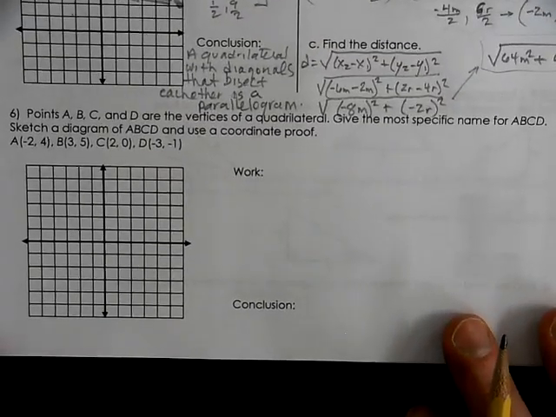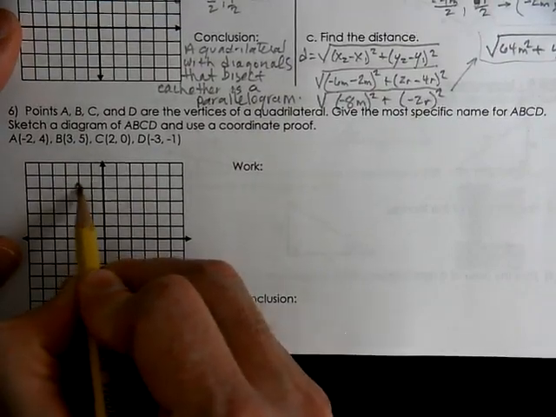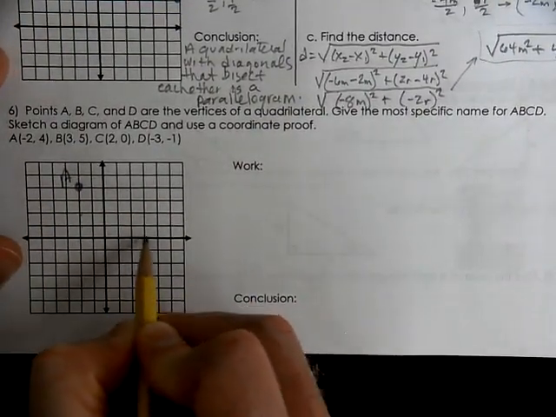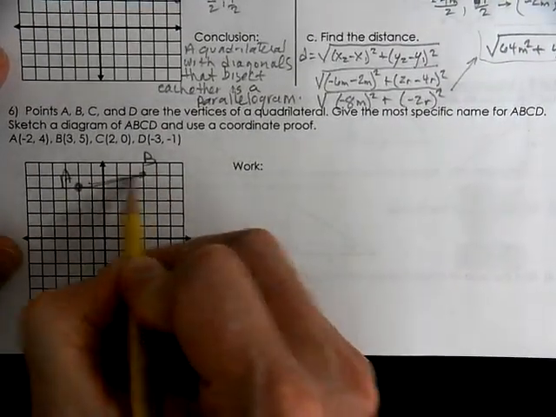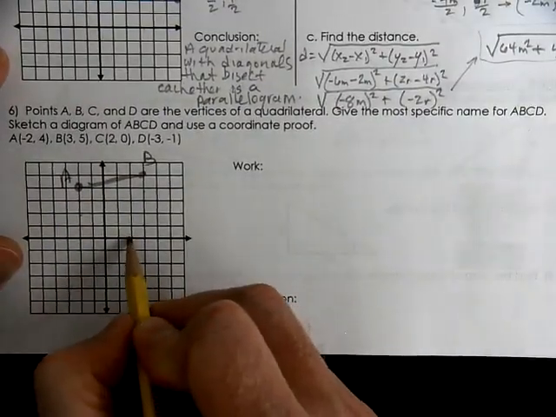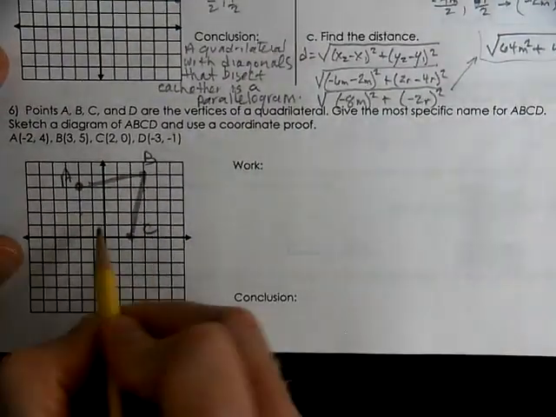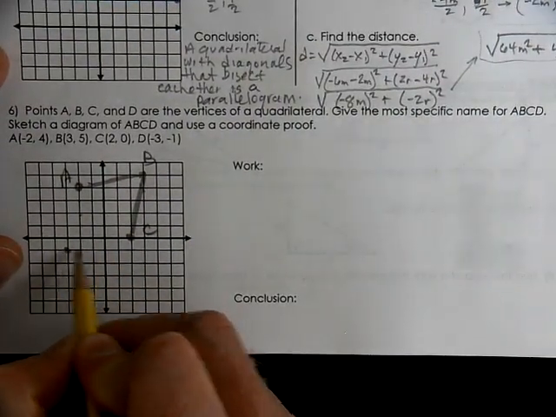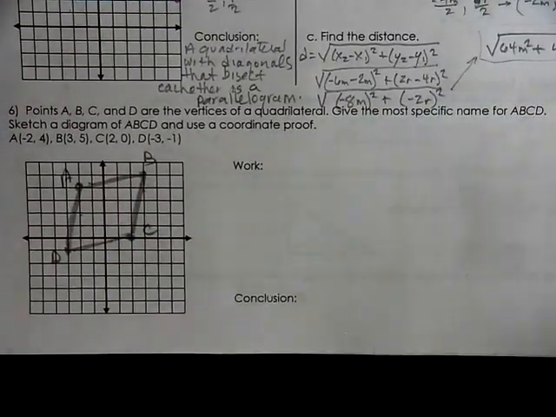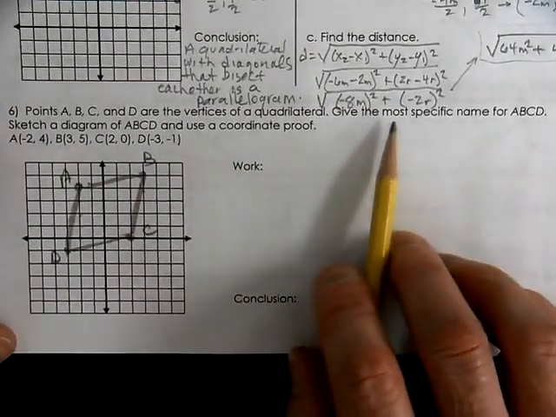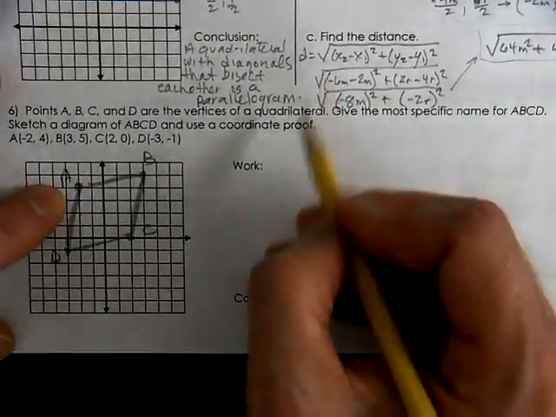Okay, last example. We have the points at negative 2, 4; 3, 5; 2, 0; negative 3, negative 1. Give the most specific name. So the first thing we're going to do is look at some slopes.